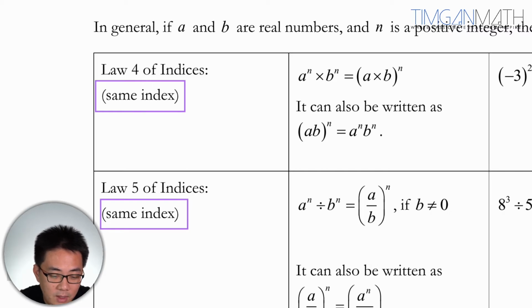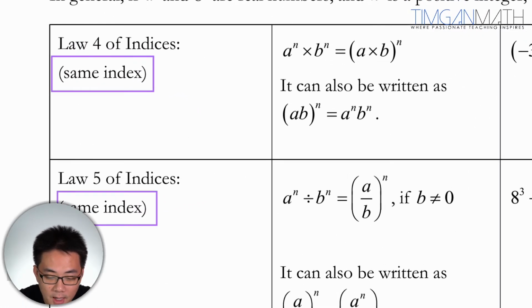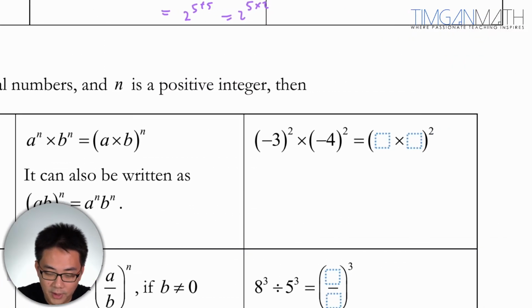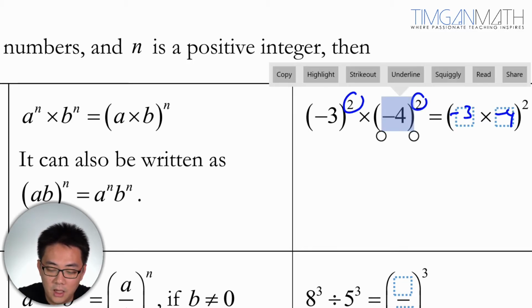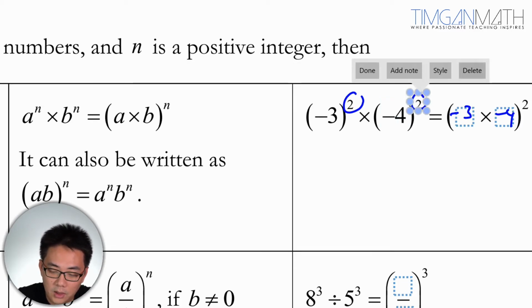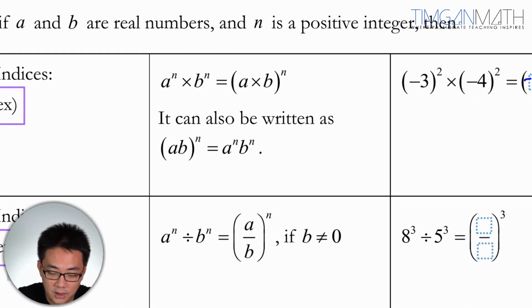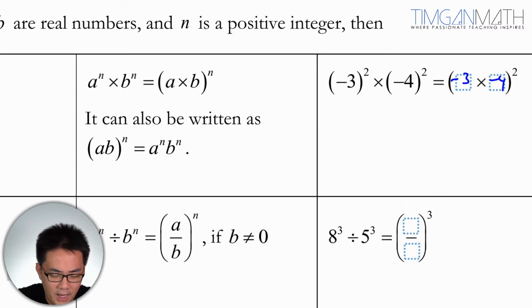Now, if you have the same index but different base, a^m times b^m, this m could be factorized out. So for example, this is a^3 and b^4. These 2 could be factorized out.